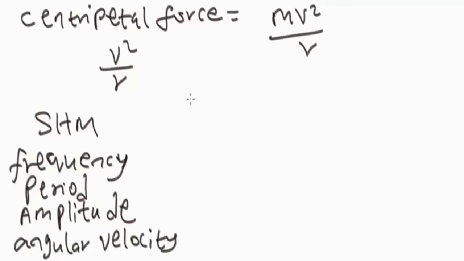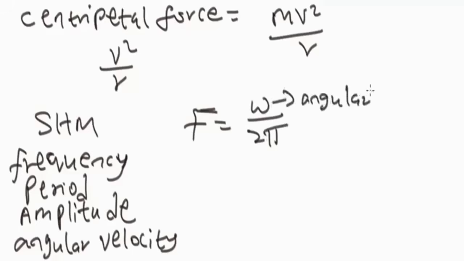Let's begin with frequency. Frequency in simple harmonic motion simply refers to the number of oscillations per unit time of a body undergoing simple harmonic motion. Frequency is calculated using w over 2 pi, where w is the angular velocity.